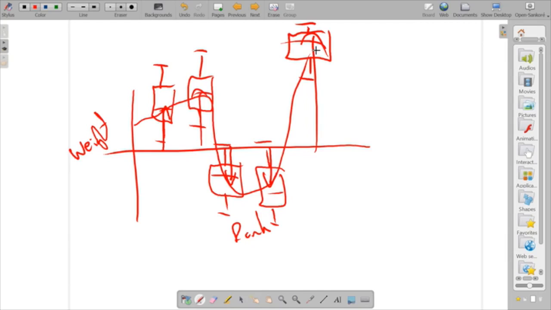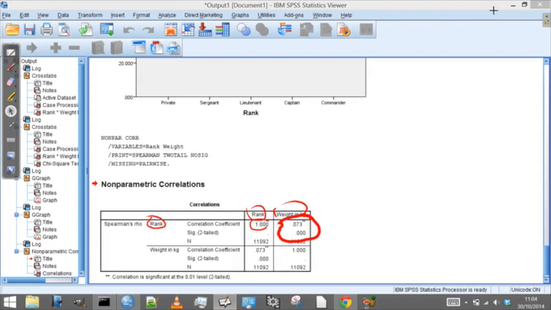So is the question, how do we find out what the coefficient is? Yes, so we ran the Spearman rank correlation test, and the correlation coefficient, see, it's listed on this row.